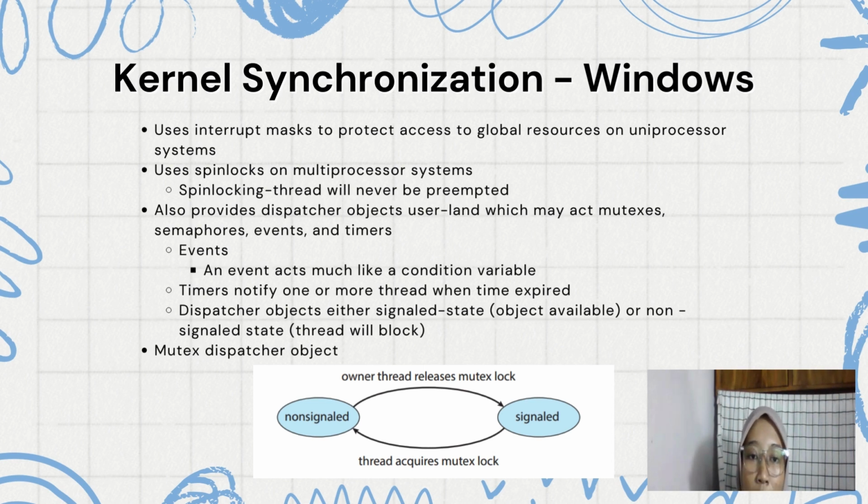An event acts much like a condition variable. The timer notifies one or more threads when time has expired. A dispatcher object is either in a signaled state, where the object is available, or a non-signaled state, where a thread will block. For a mutex, it works like in the picture.